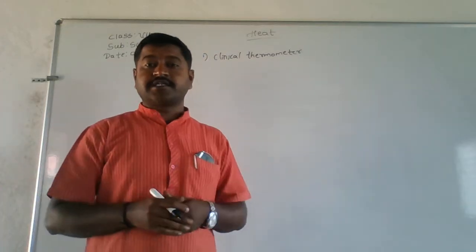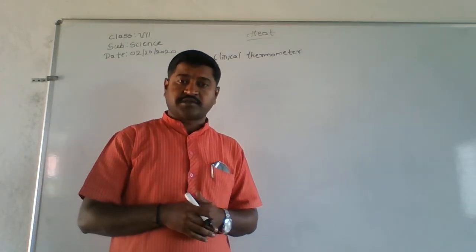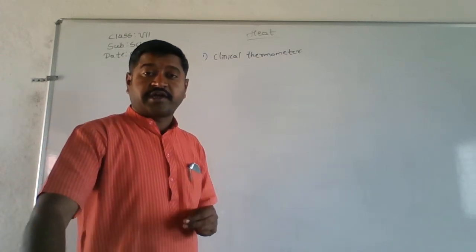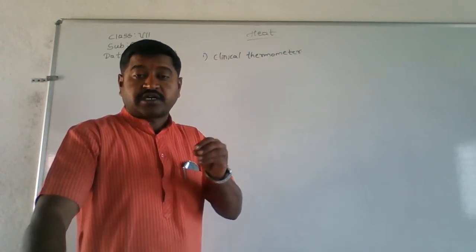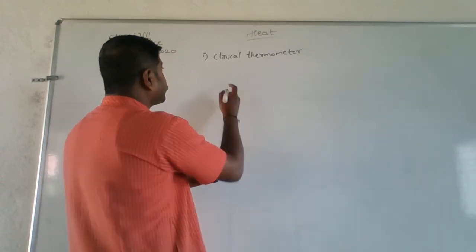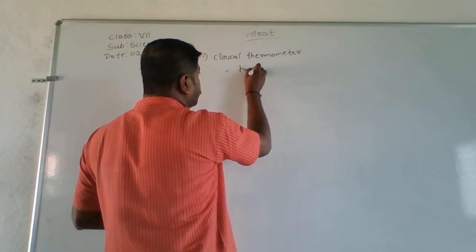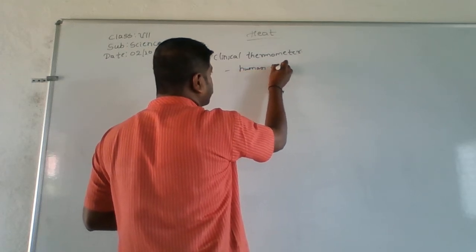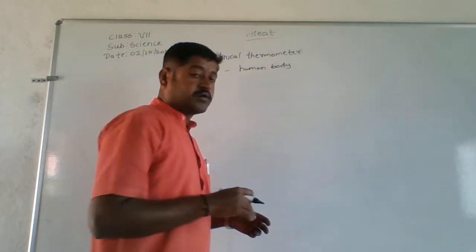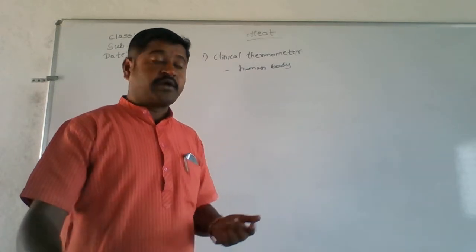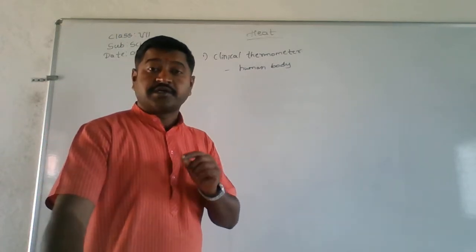This thermometer is used in clinics to measure the temperature of the human body. So how much is the temperature in us? It can be measured using this clinical thermometer.